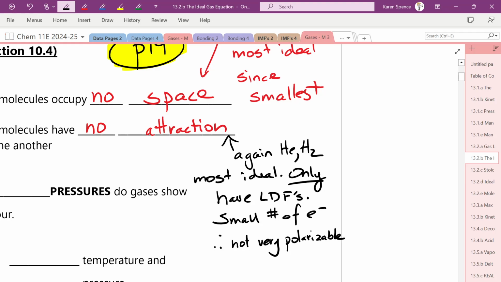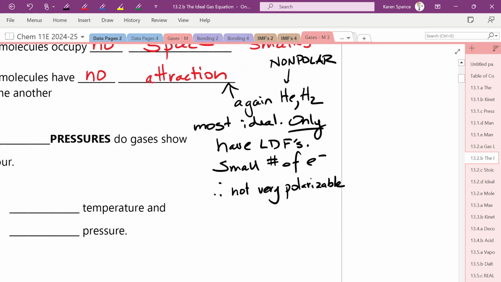So He and H2 are the most ideal. They only have LDFs because they're nonpolar. They have a small number of electrons, so they're not very polarizable. Therefore, the LDFs are small.